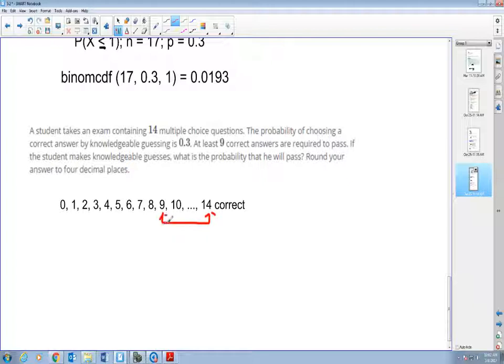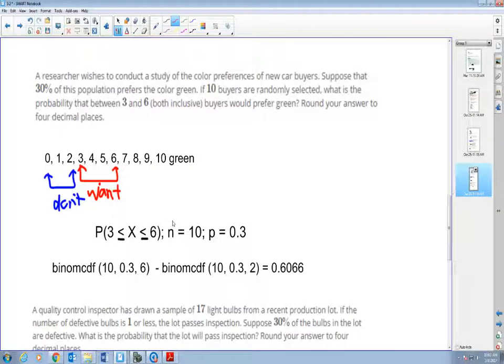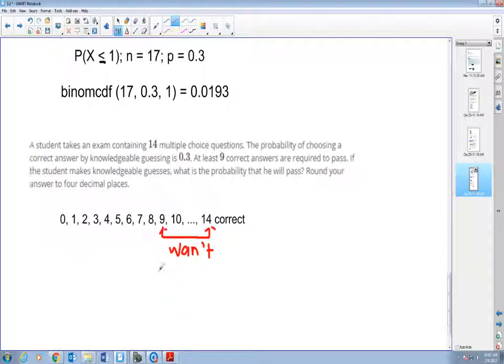I will pass, because the question is asking what's the probability of me passing. This problem is a little bit different because what I wanted is all the way on the very right-hand side. In the other problem, what I wanted was somewhere in the middle. This is all the way to the right end, the back side of the whole problem.